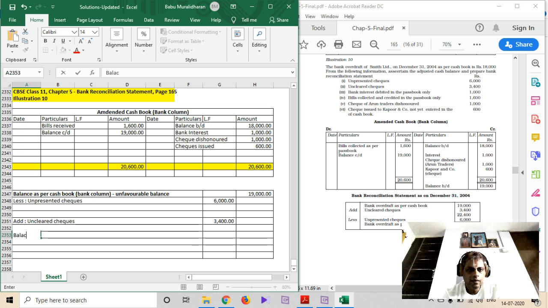Then balance as per passbook, overdraft. So let's put this here itself directly. There's only one entry, 6,000.